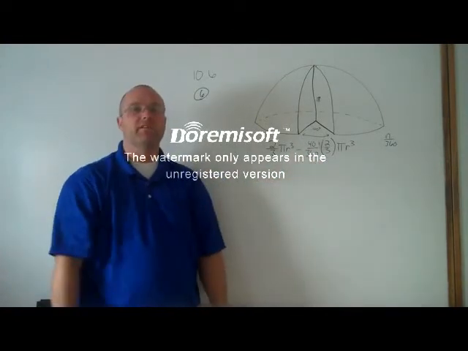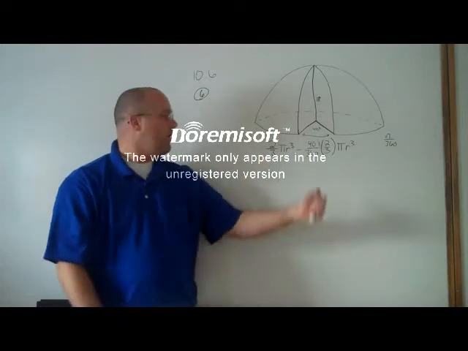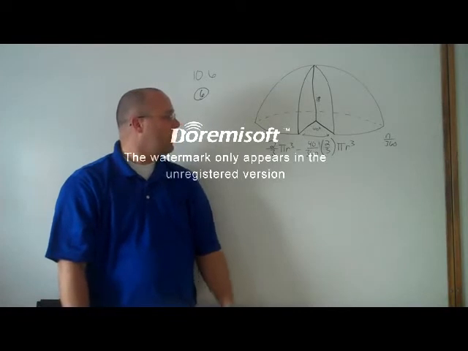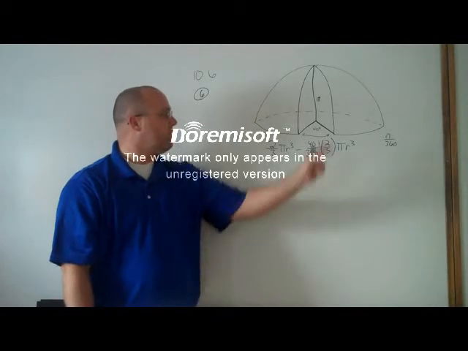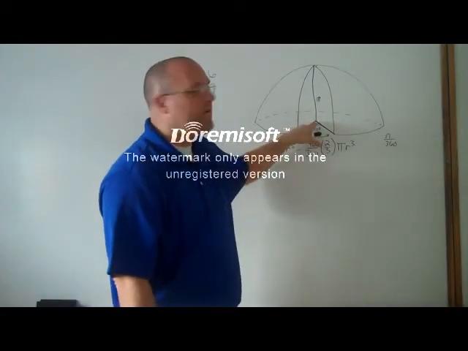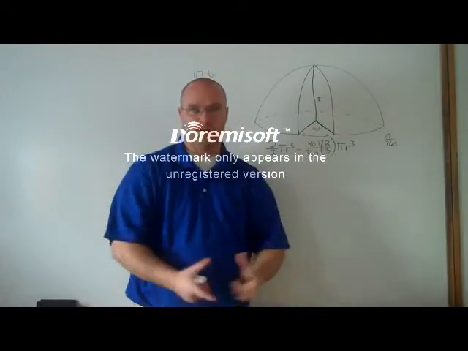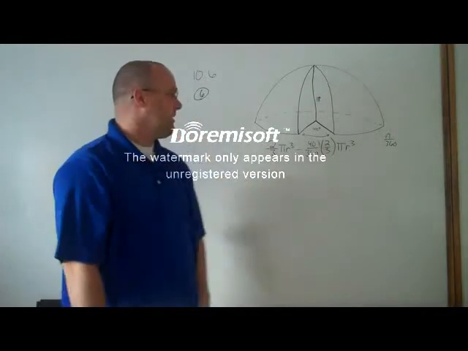But remember, we're using the hemisphere formula. So now, we have to throw that piece into there. Alright, so then, just plug everything in. We know the radius. The radius goes from the center of the sphere to the top of the sphere, to the outer part of the sphere. So, we know that's going to be our radius.